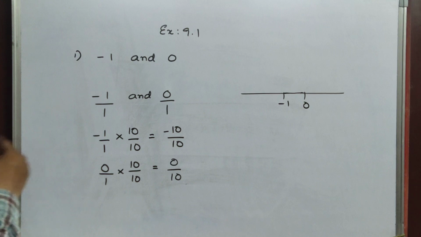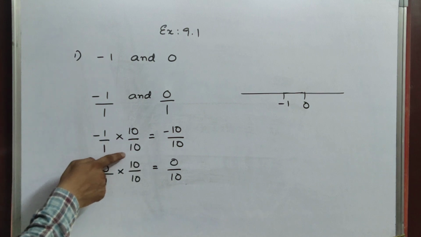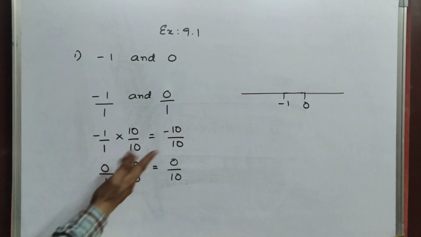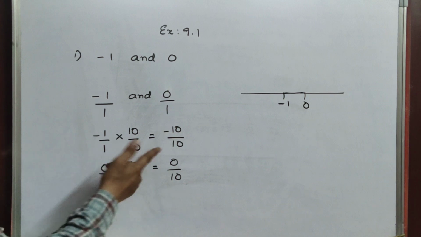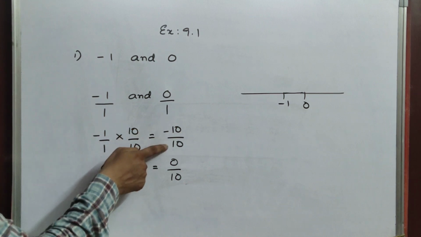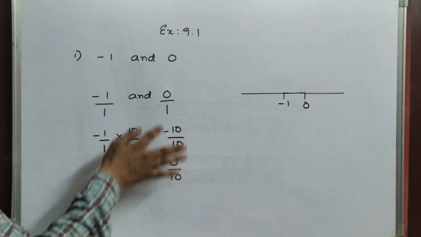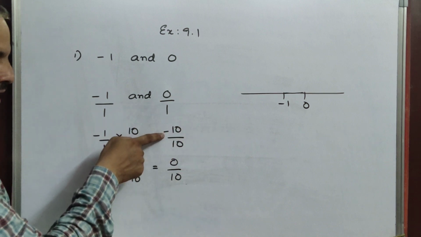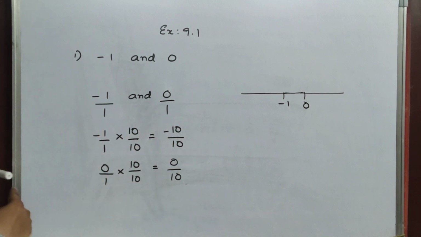If you clearly observe, even after I multiplied with 10, there is no change in the value. The equivalent fractions are minus 10 by 10, which is minus 1, and 0 by 10, which is 0. Now find the numbers in between minus 10 and 0.